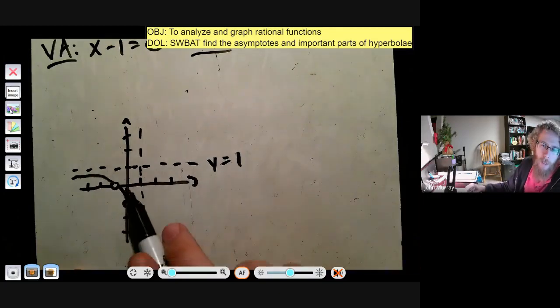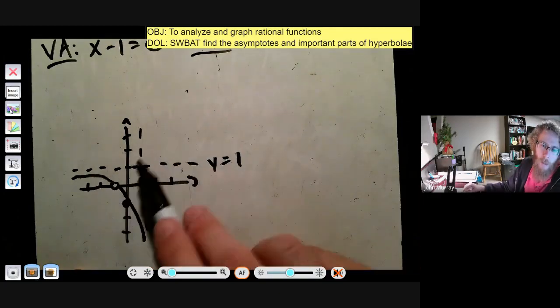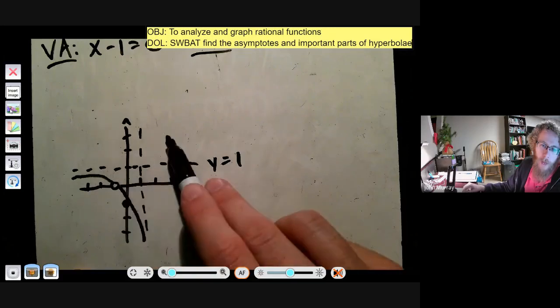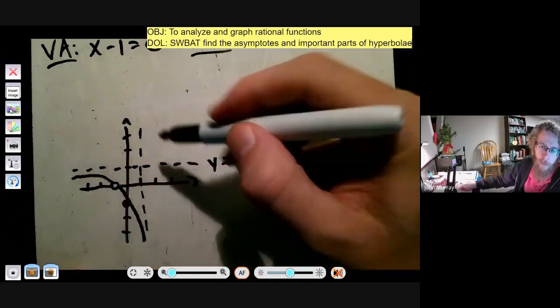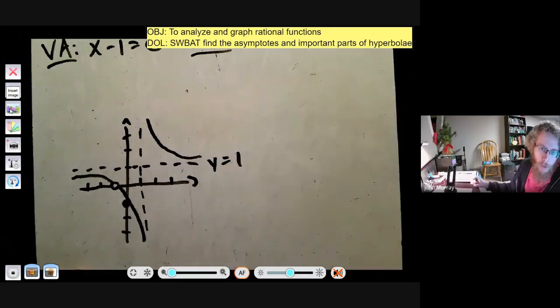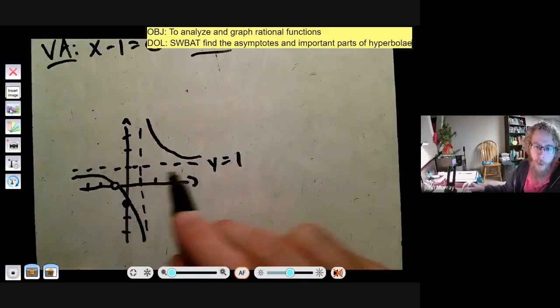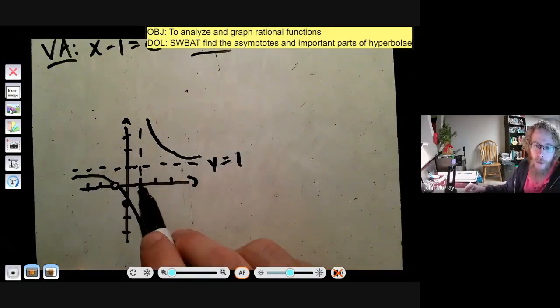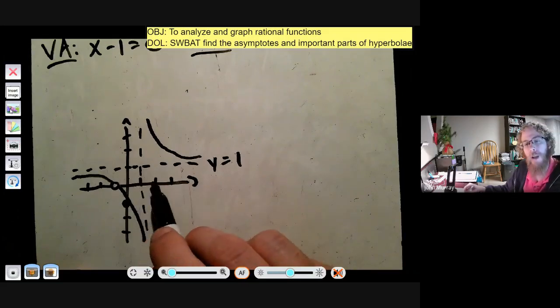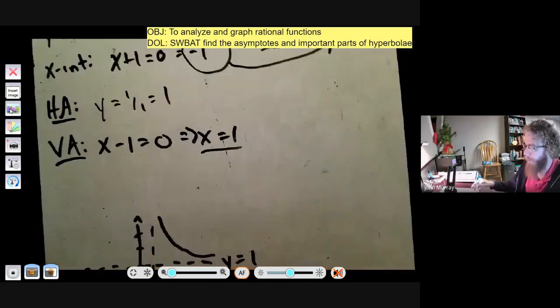So normally, most of the time, it's diagonal, the second part of the graph. So it should be over on this side. But let's pick a point over here just to make sure. So on the right side of my asymptote, I can pick x equals 2.